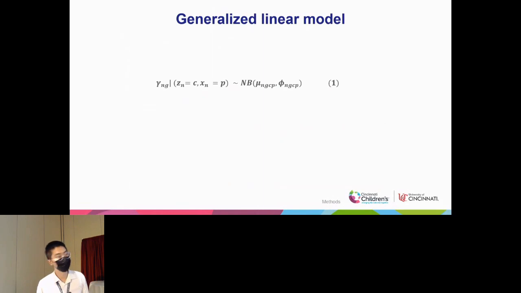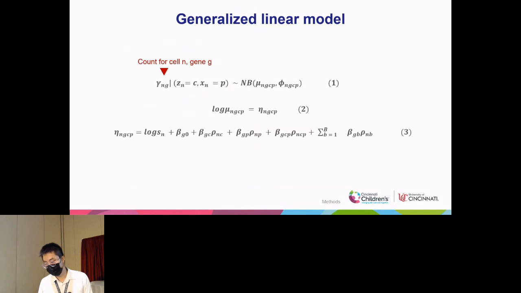We model single cell raw data, which is a count matrix, using gamma NG, where N is cell N and G is gene G. And we model the average of the negative binomial distribution for count data using a linear combination of many covariates, including technical covariates like size factor, intercept, and batch effect.